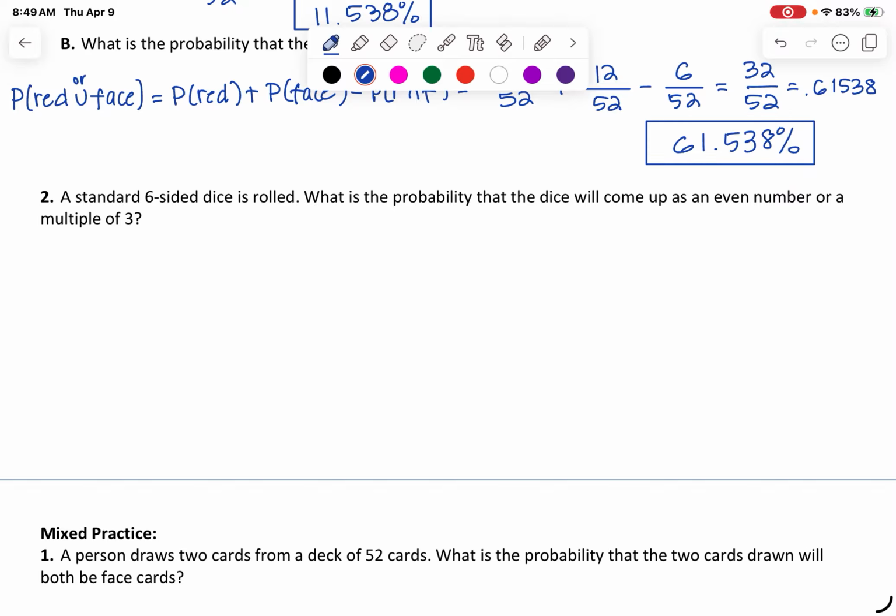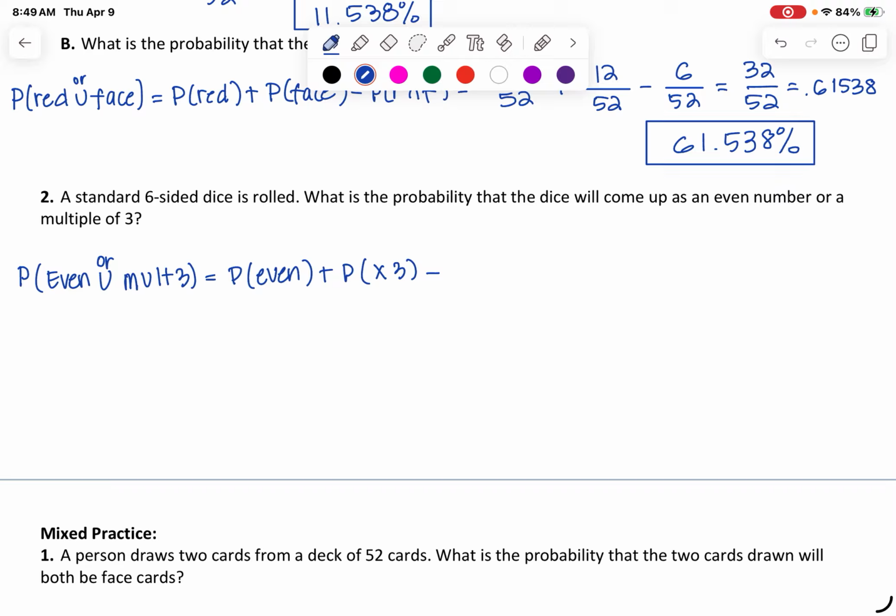So we're going to do the probability of an even number or, which is union, a multiple of 3. So I need to do the probability that I'm rolling an even number plus the probability that I'm rolling a multiple of 3, and then I need to subtract if there's overlap, right?